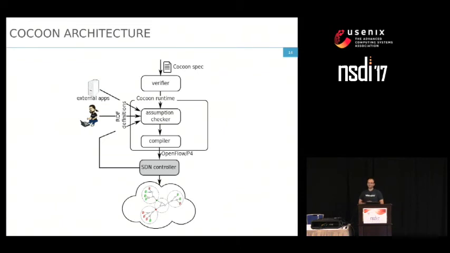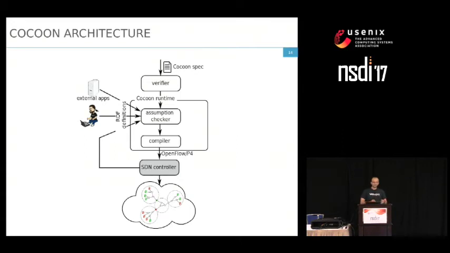Which brings me to the mandatory architectural diagram of Cocoon. There are three components to it. There is a static verifier that checks refinements before the network is actually deployed. There is an assumption checker that collects RDF definitions from multiple sources.